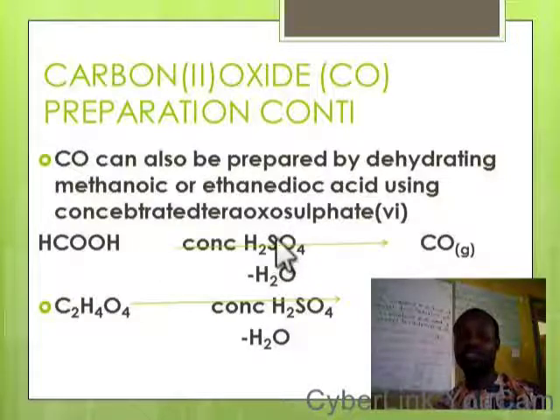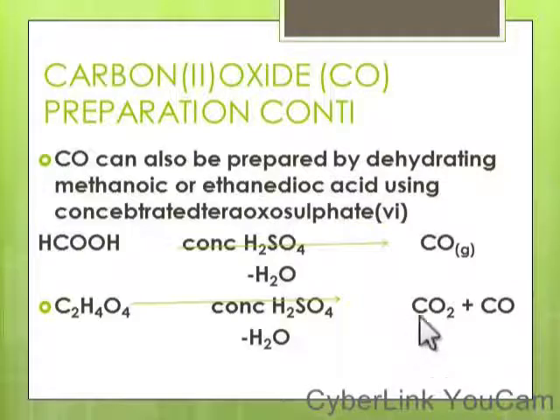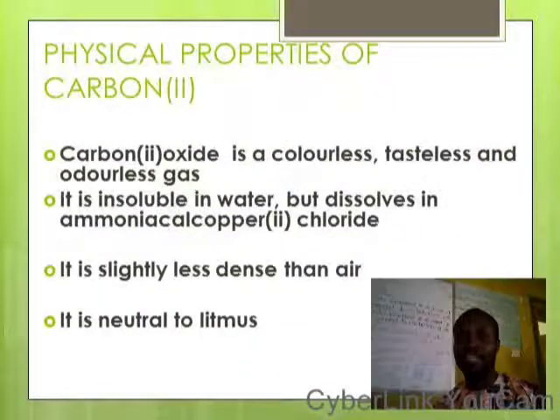Water is removed using concentrated H2SO4 as catalyst to give CO. And ethanedioic acid, when water is removed, is going to give us a mixture of two gases, which are CO2 and CO. Those are the products that it will give to us.